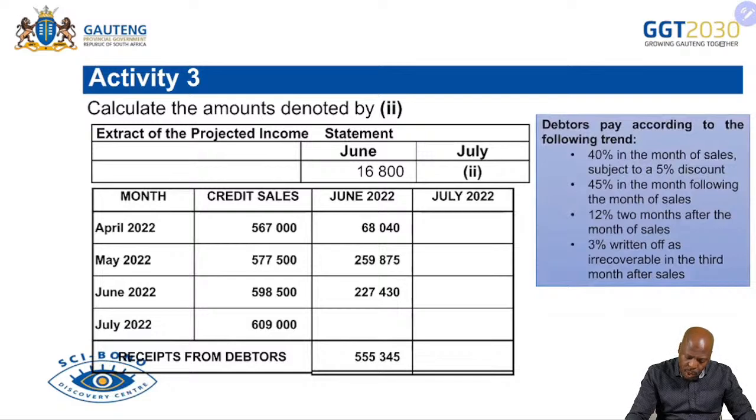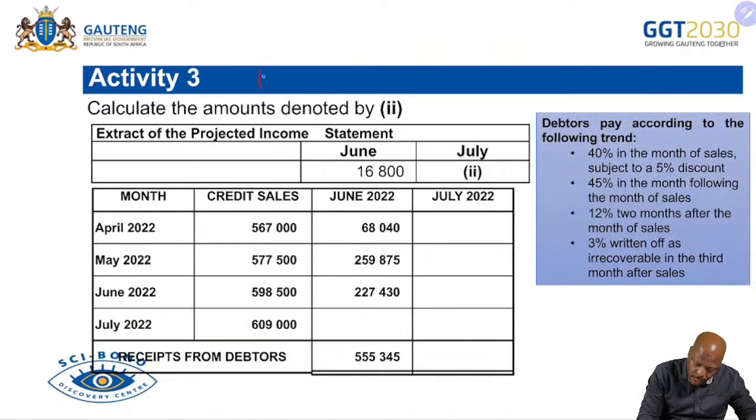Now, what they want us to calculate on number 2, it is the discount. All right, here we are required to calculate the discount. We are required to calculate the discount that was allowed. So if you're to get the discount that was allowed, you have to get the information, which is the 3%, which is being written off.